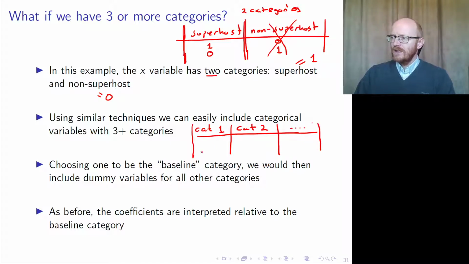And we choose one of these to be the baseline category, and the baseline category is removed from the data, or we don't make a dummy variable for the baseline category. For example, non-superhost was the baseline category.